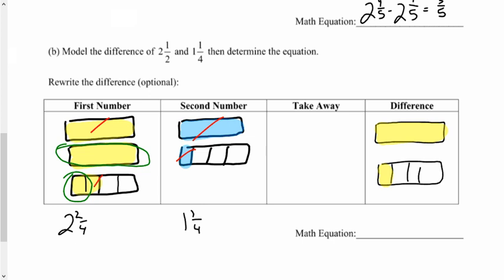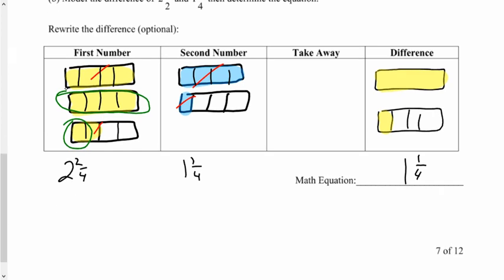Now you also could have done this with improper fractions, we said. For example, if I changed all of these whole parts into fourths, like this, and I did it over here as well, then you could see that what I would have, I'm going to come right below this, I would have 4, 8, 10, so I'd have 10 fourths.